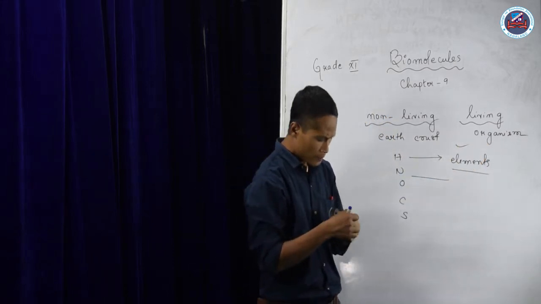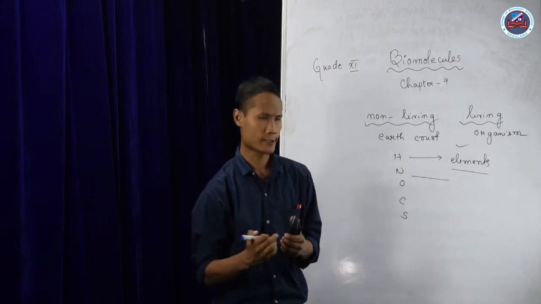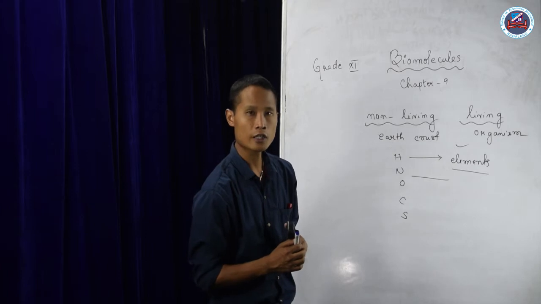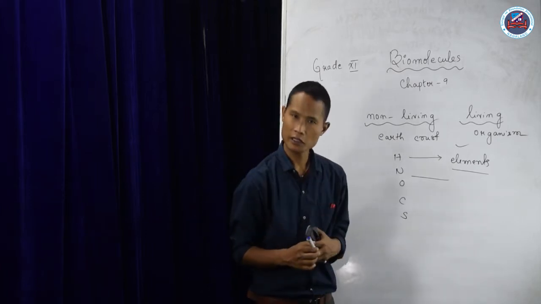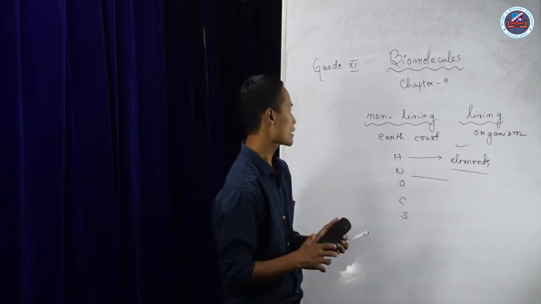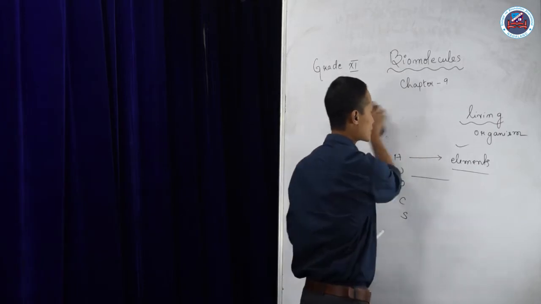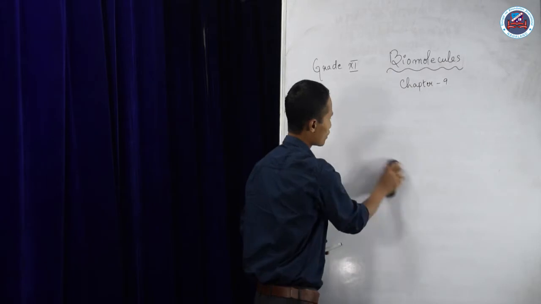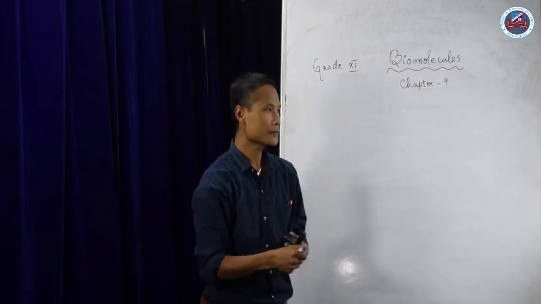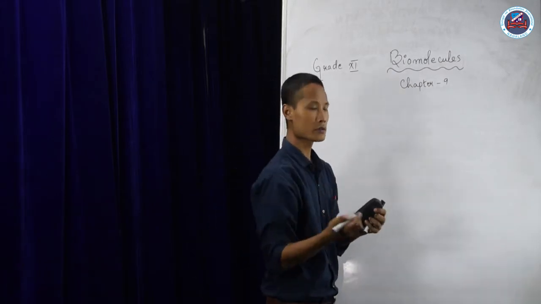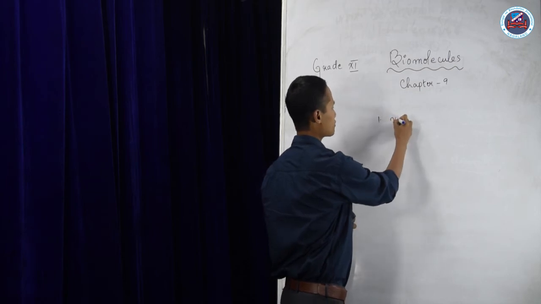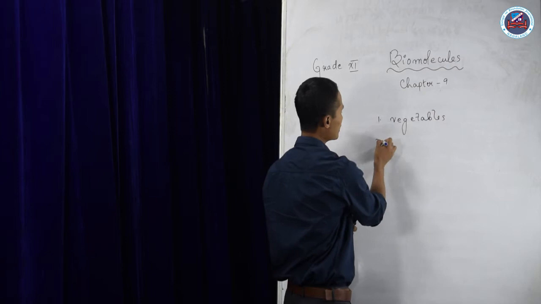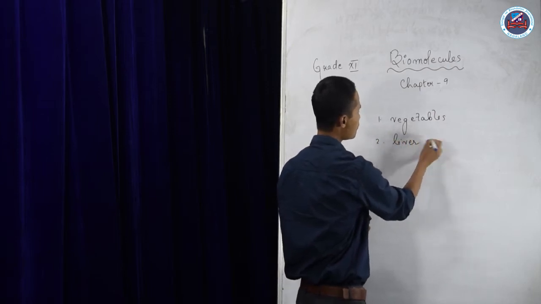So let's try to discuss what's the meaning of biomolecules. There was one experiment. Taking living tissues, just say vegetables, a piece of tissue from a plant, or a piece of liver tissue.